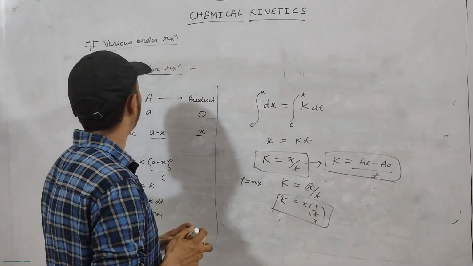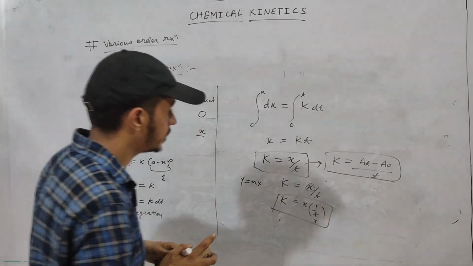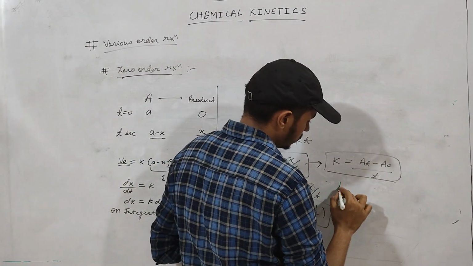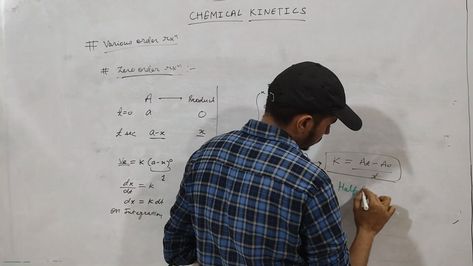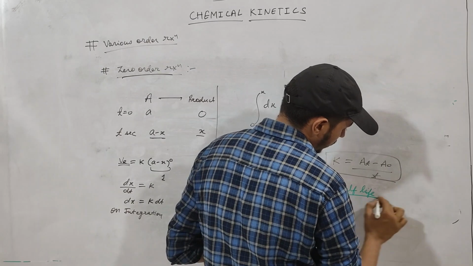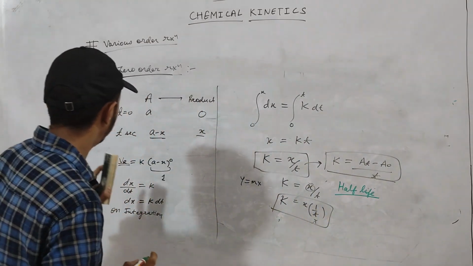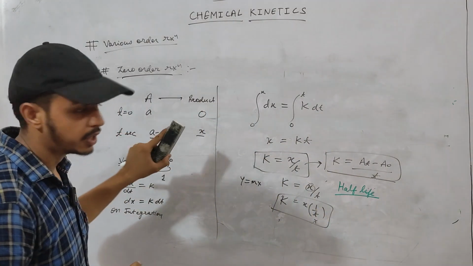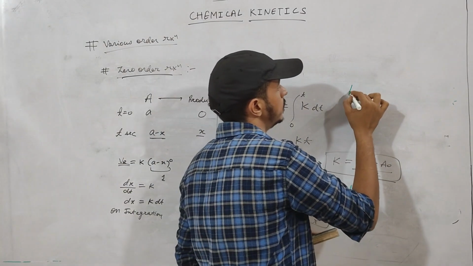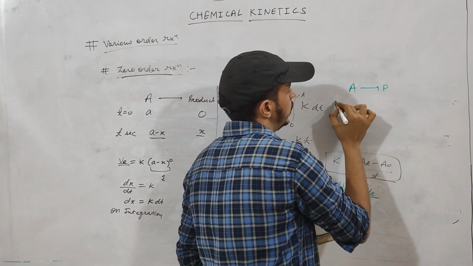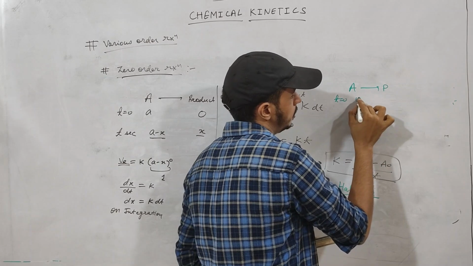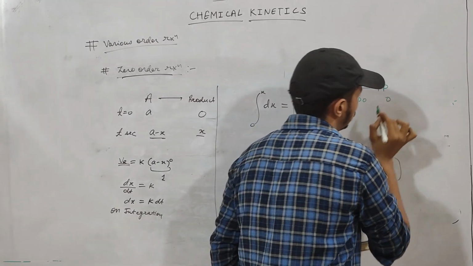Now we will discuss half-life for zero order reaction. What is half life? When half the amount of reactant is converted into product, meaning 50% of the reactant is converted into product. Let's say A is converting into product. At t equals 0 seconds, it is 100% and product is not formed.